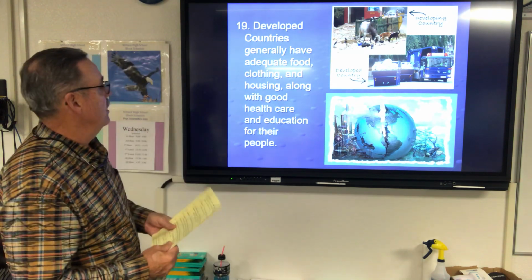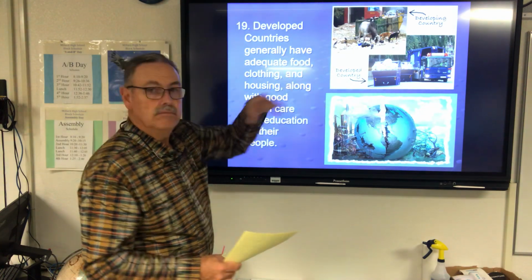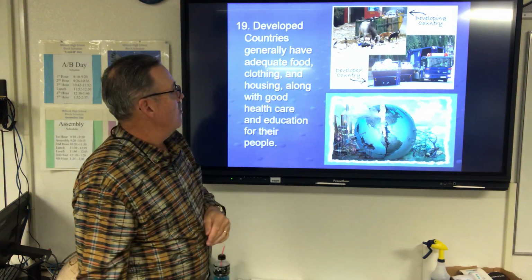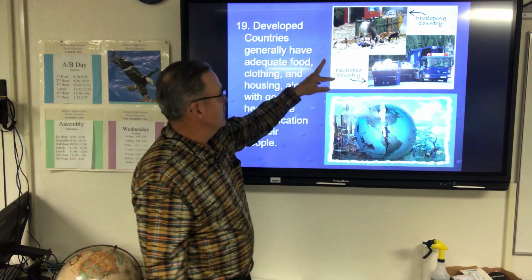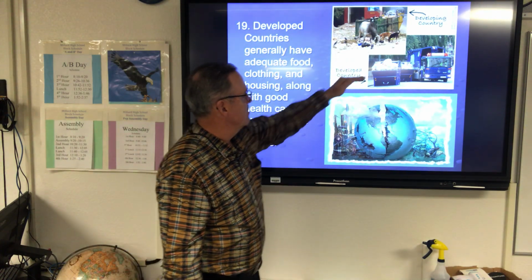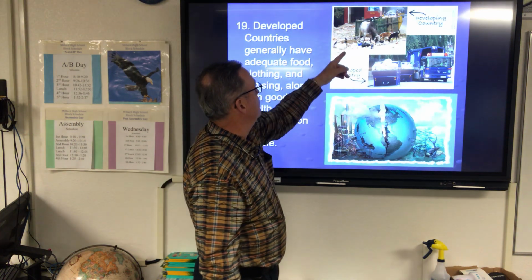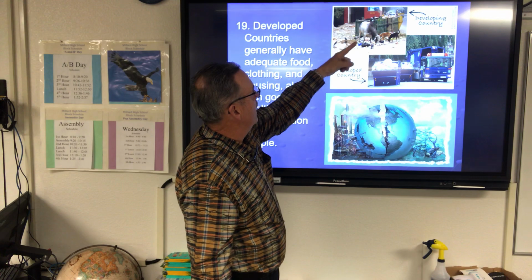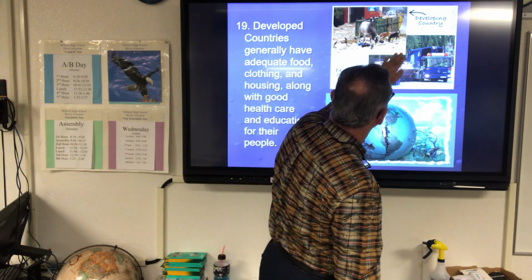Now, as we look at this, I hope you can see in the video, up at the top, it says developing countries. I actually wish they had reversed those, because this obviously would be the better one, put it up on top. But anyway, in the picture you can see there's an old ratty kind of dumpster. This part of the road is dirt.